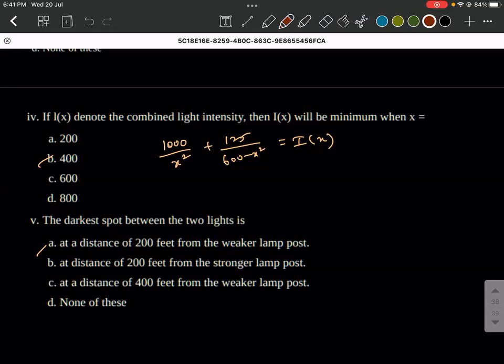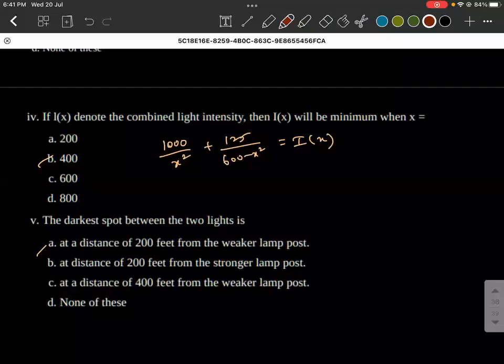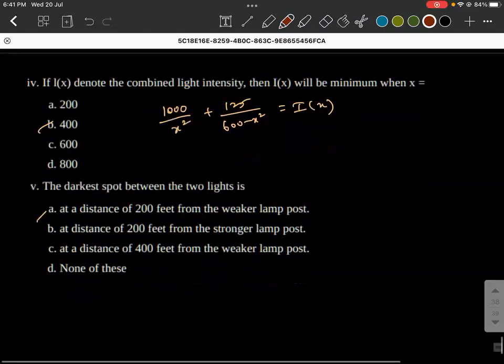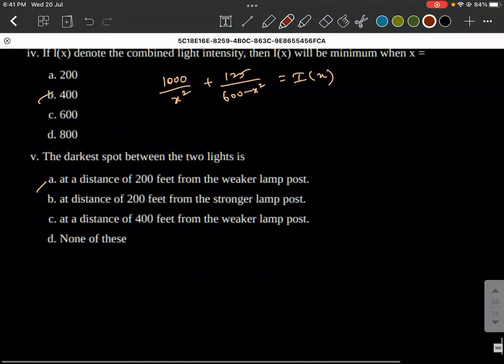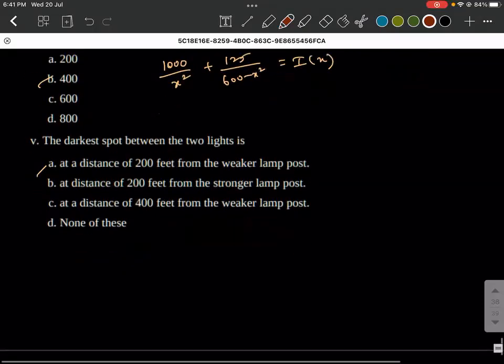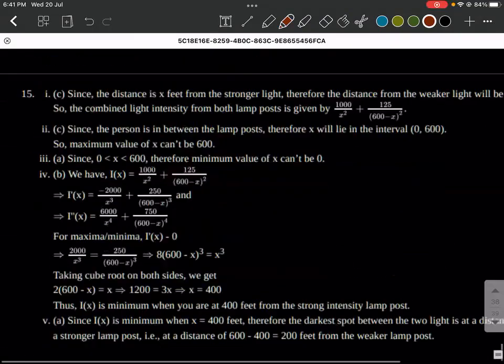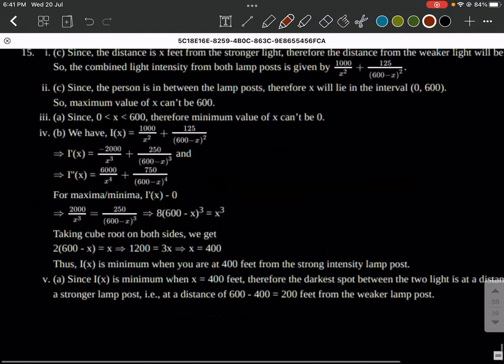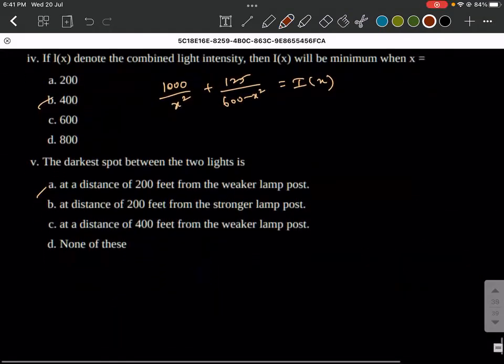I'm just giving you a suggestion: you can actually substitute the options and check which one will give you the least. 800 is obviously not possible. That's it, no? I hope this is clear.